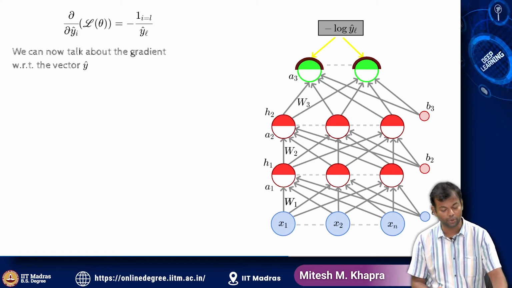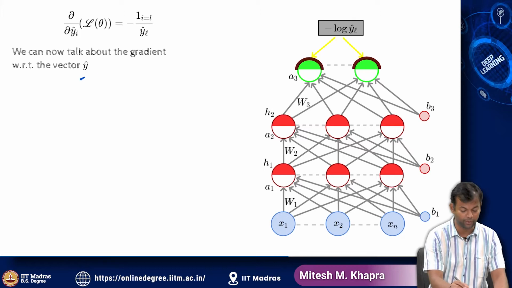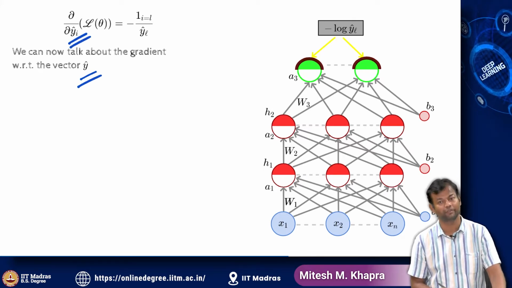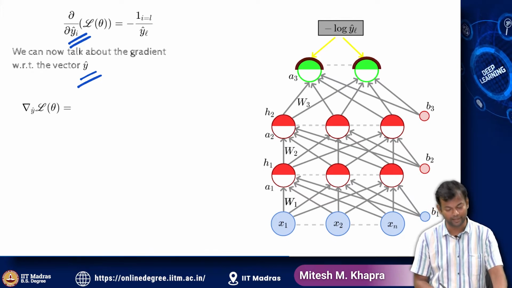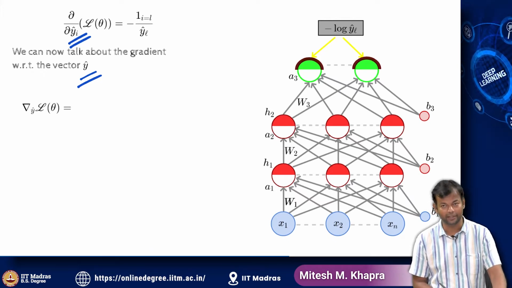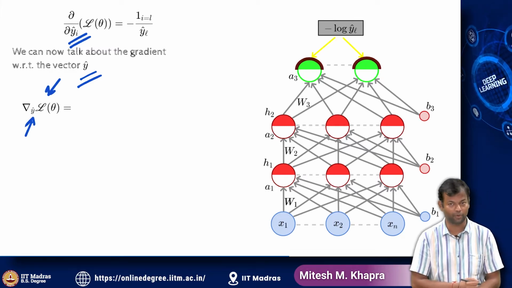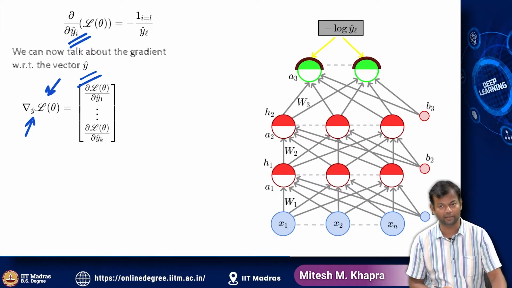So I want to talk about the gradient with respect to the vector y hat, not just the partial derivative with respect to one of the elements of this gradient, right? So what do I mean by that? I'm going to write the gradient of the loss function with respect to y hat, right? So this is what my notation is. And what does this mean? This is what it means.